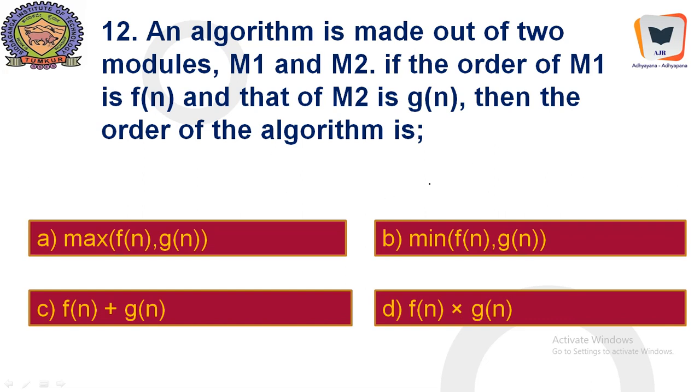Because if you are given an algorithm, let us say T of n equal to n cube plus n log n, for a typical example, then when we write the complexity of the algorithm, we will always choose the bigger term. Therefore, if M1 is f of n, M2 is g of n, functions of n of course, then the order of the algorithm is the max of f of n and g of n according to this particular rule.